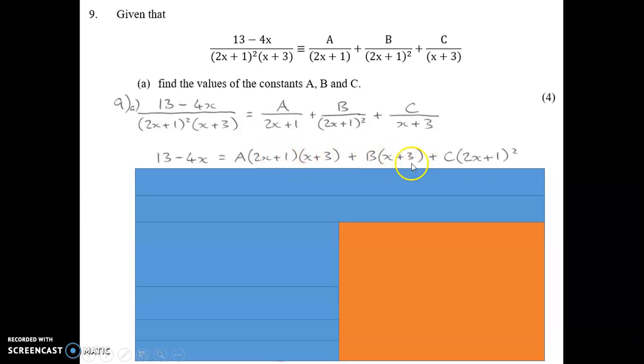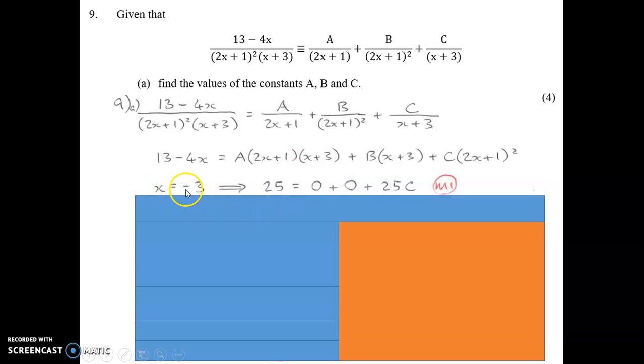So the first one I'm going to choose, I'm going to make this bracket, or this term, equal to 0, so that means choosing a value of x of negative 3. If I substitute x equals negative 3 into the left hand side, I get 25. If I substitute x equals negative 3 into the right hand side, this becomes 0, which cancels that whole term. This one becomes 0, cancels that whole term.